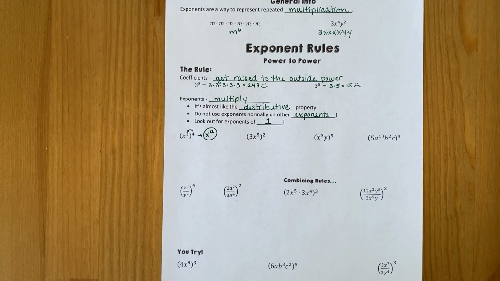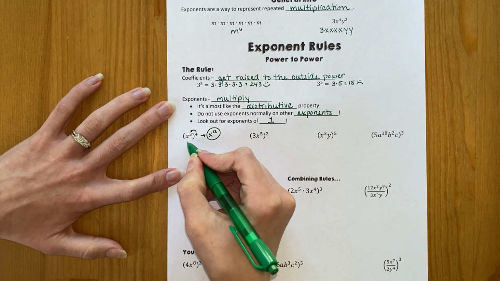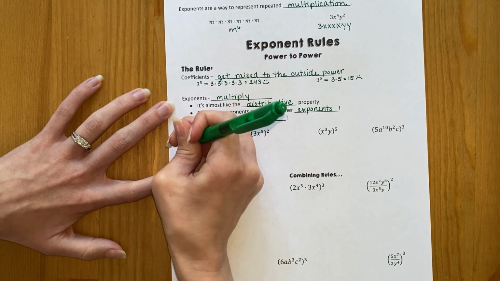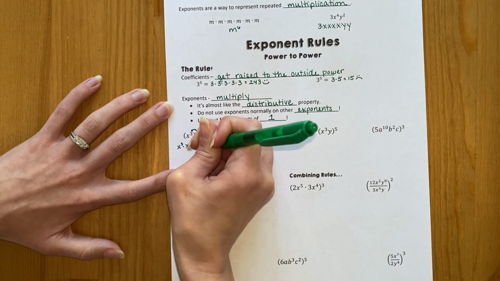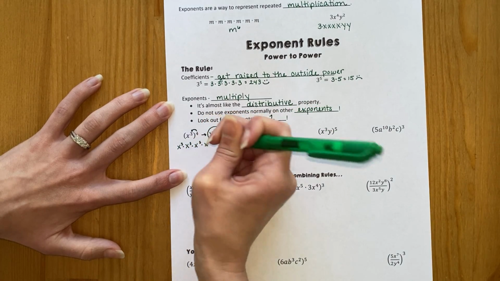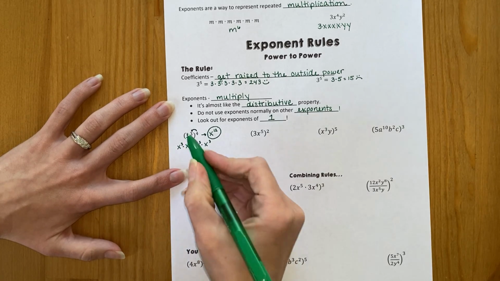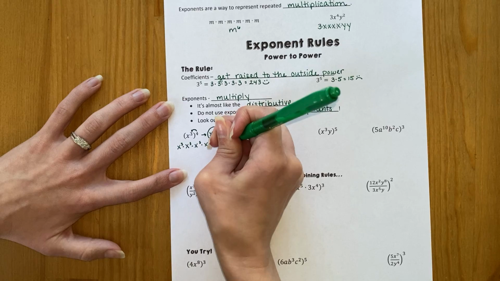If we see x to the 3rd to the 4th power, it means that x to the 3rd is getting multiplied by itself 4 times. So that would be like seeing x to the 3rd times x to the 3rd times x to the 3rd times x to the 3rd. And we can turn it into a multiplication problem. If you use your multiplication rule, you can confirm that 3 plus 3 plus 3 plus 3 still makes 12.